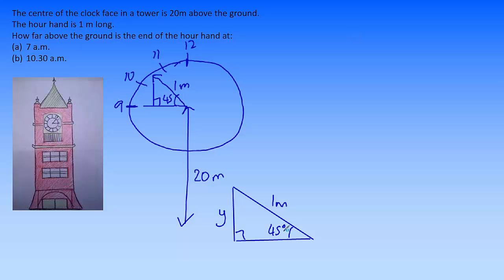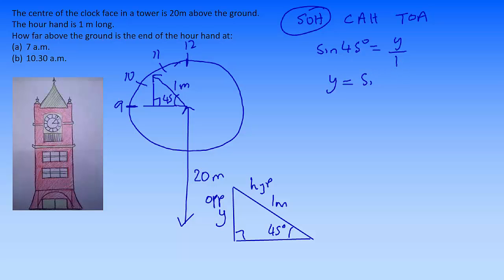Now if we look at that, compared to the 45, this is the opposite, this is the hypotenuse. So go to the mnemonic, SOH CAH TOA, opposite and hypotenuse, we're using the sine. The sine of the angle is going to be equal to the opposite over the hypotenuse. If that's just divided by 1, y is just equal to sine of 45 degrees. And so we can calculate that.